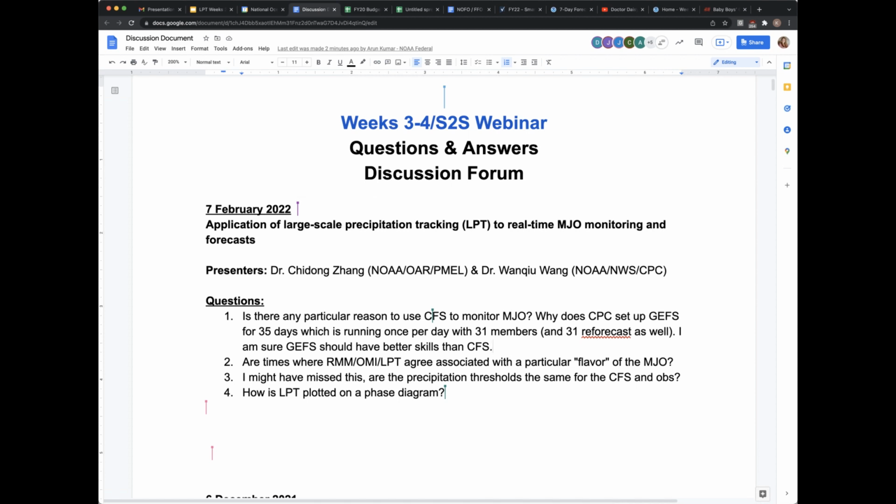For example, if the LPT scale is relatively small, and maybe the precipitation exists somewhere else, then if that particular LPT and precipitation does not project to the global EOF, the two will not match. So the match pretty much depends on how local precipitation is related to global circulation, and to the global EOF of OLR. That's how I see it.